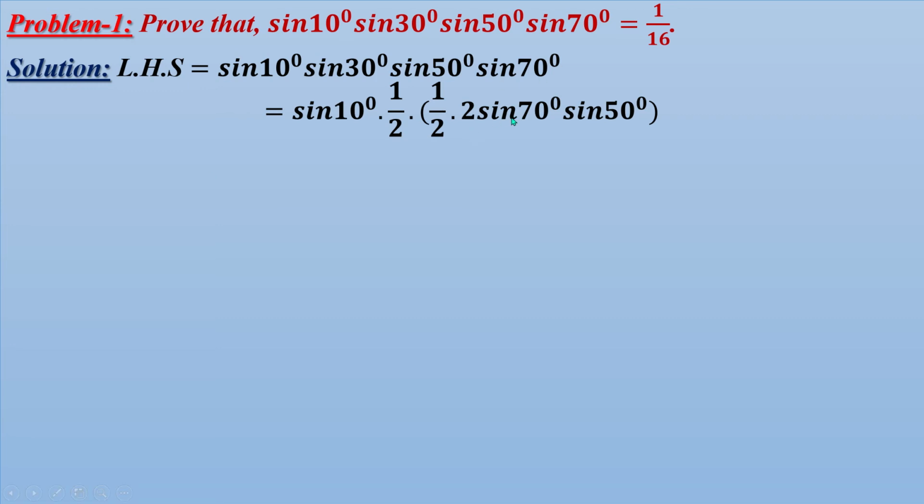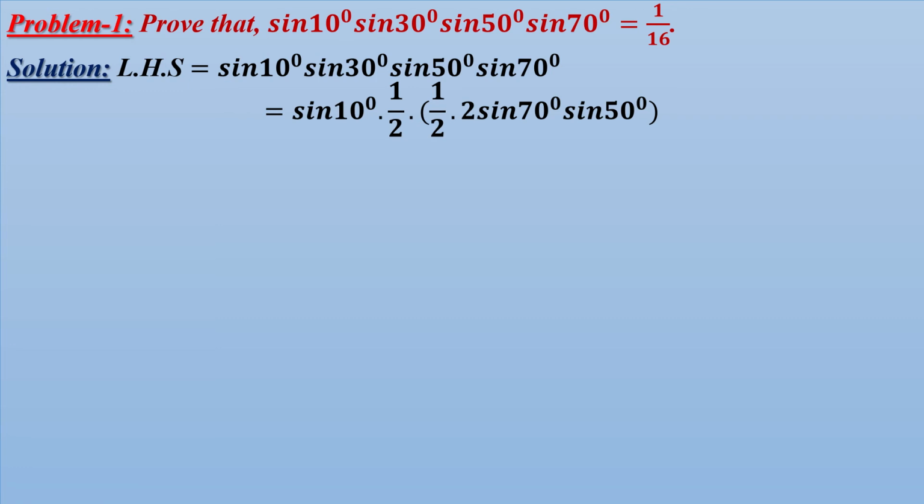Here will be 2 sin 70 degree sin 50 degree, and we know 2 sin a sin b equals what? Cos a minus b minus cos a plus b.